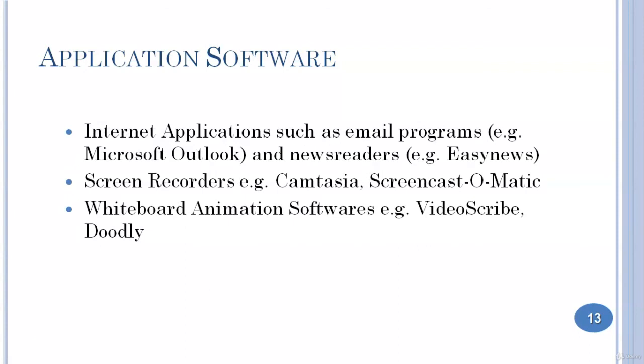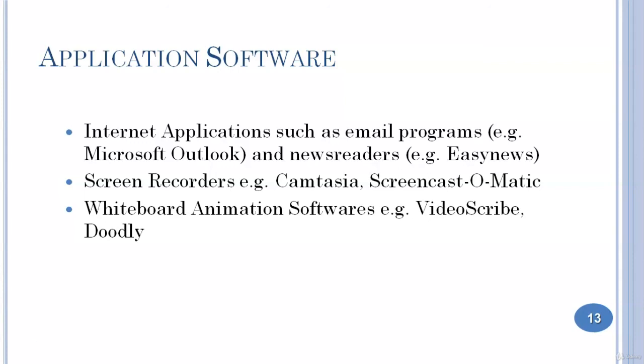Next category is the internet applications, for example, email programs such as Microsoft Outlook and newsreaders that are used to read and post messages to different news groups. A good example of a newsreader is Easy News.